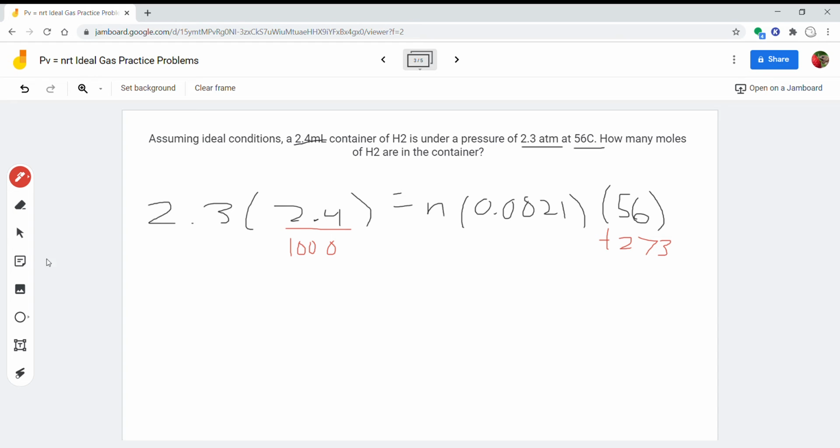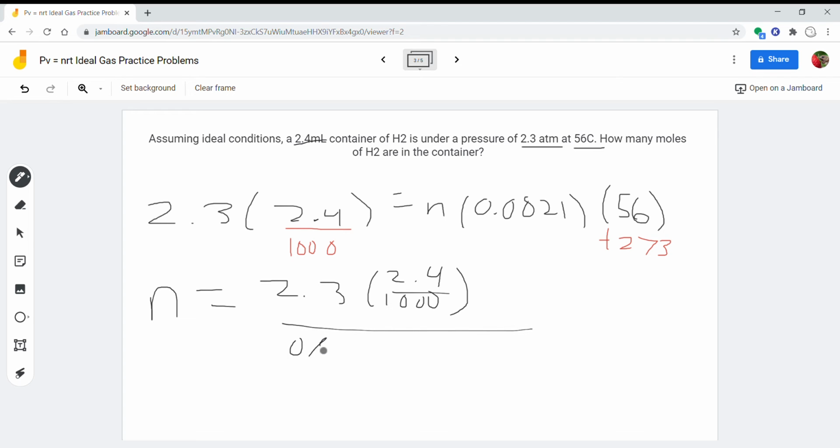What I like to do is solve for n so that we can just plug it into the calculator really easily. So let us do that. 2.3, 2.4 over 1,000, 56 plus 273.